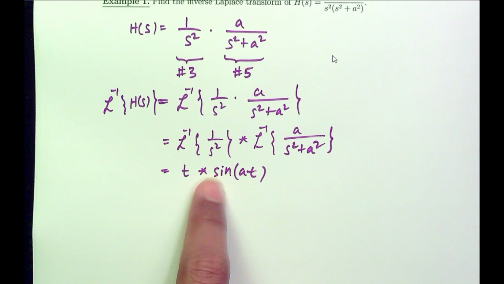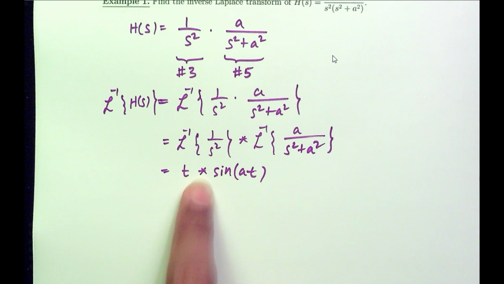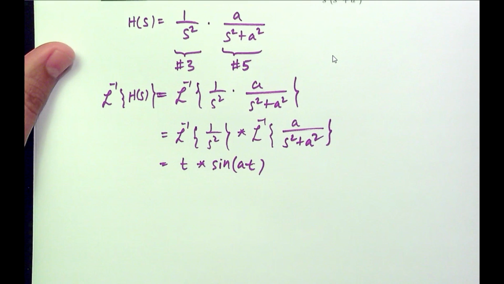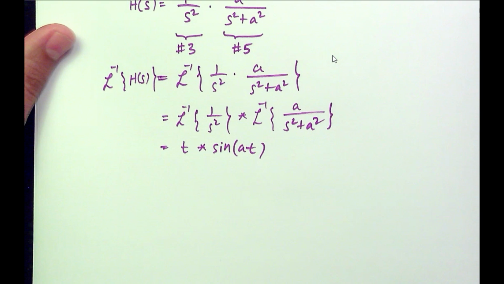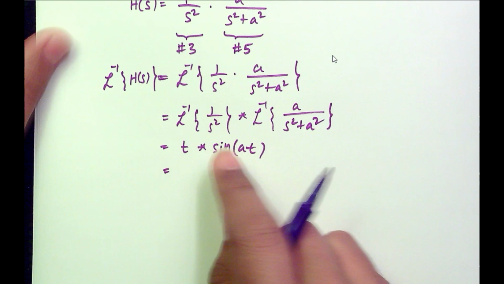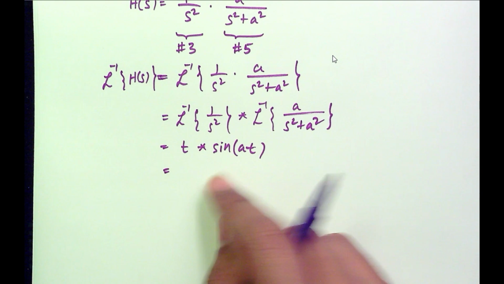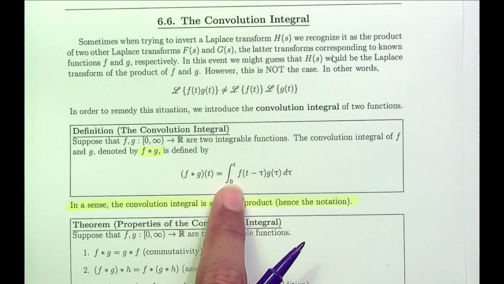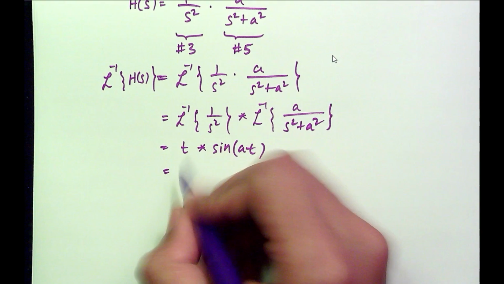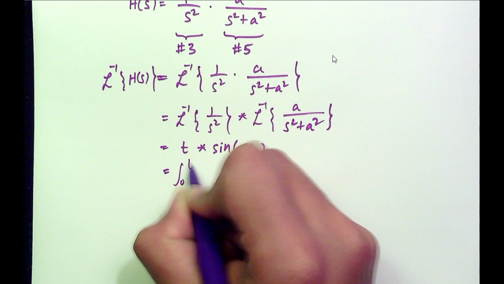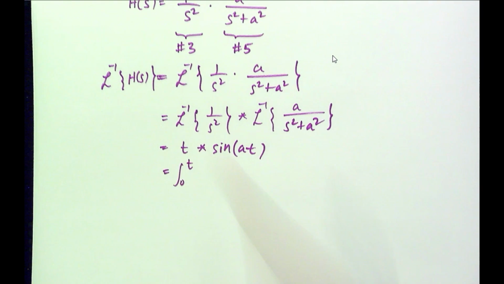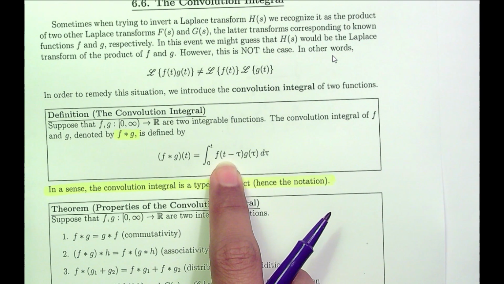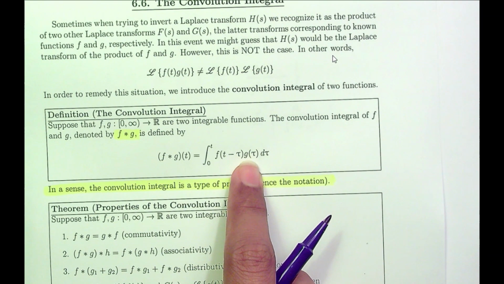But we're not going to leave it like this because we have a formula for what that is, so we can keep going and nail down exactly what the Laplace inverse of H is. According to the definition of the convolution product, it is going to be the integral from 0 to t of the first function evaluated not at t but at t minus tau, and then the second function evaluated at tau.